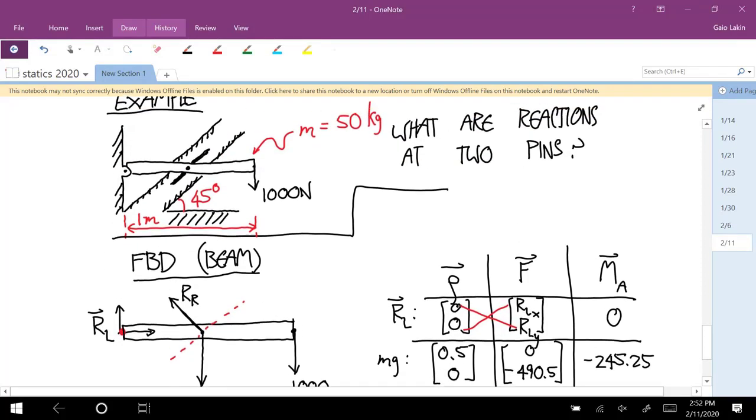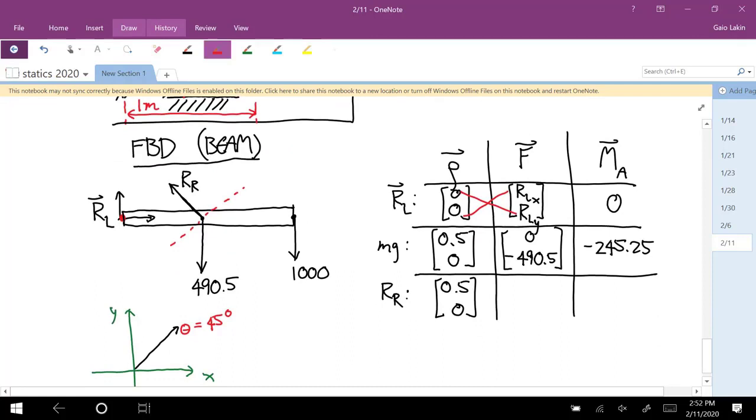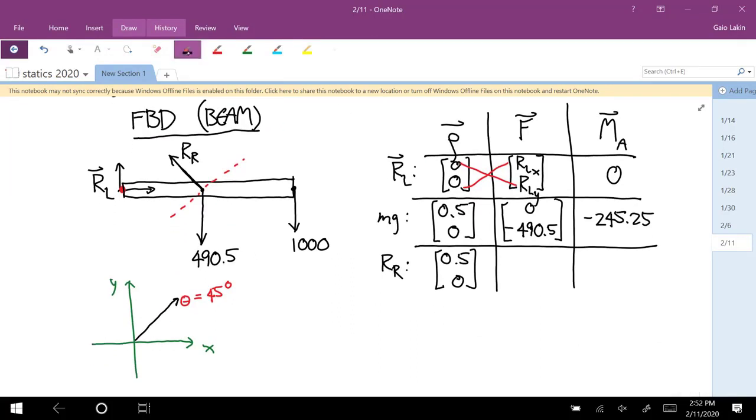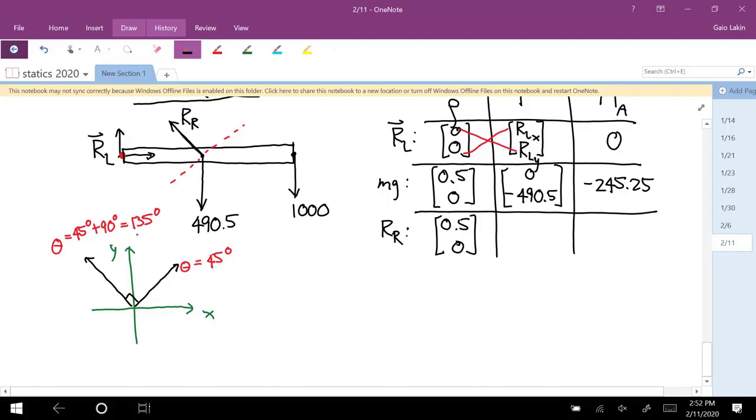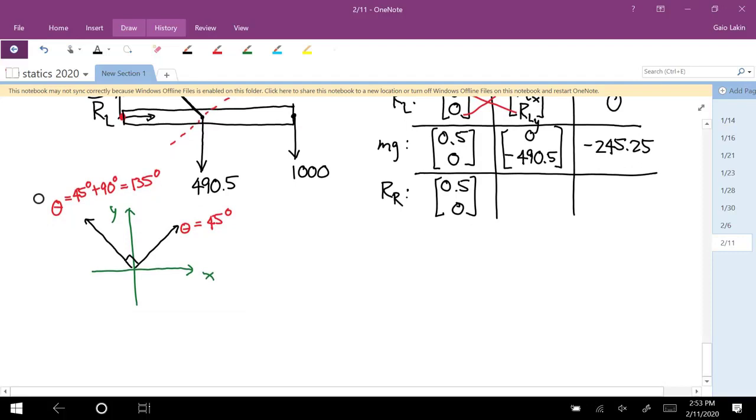And now the vector we want is another 90 degrees counterclockwise from the one I drew here. So now I'm going to draw the one we want, and we know this is 90 degrees. And so theta for this is 45 plus 90, so 135.